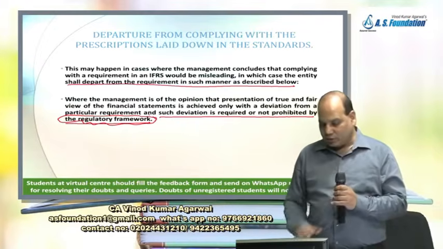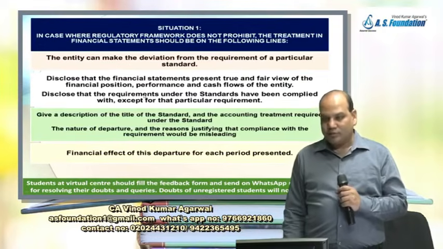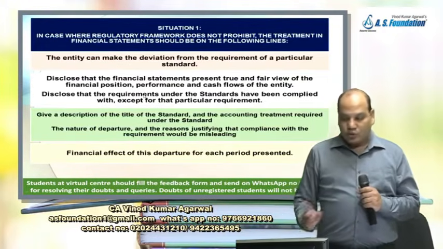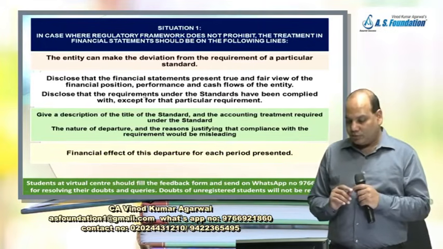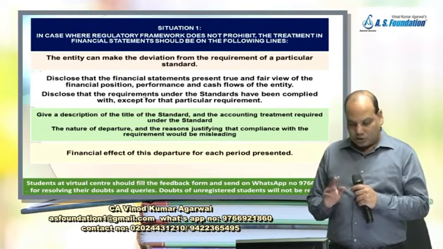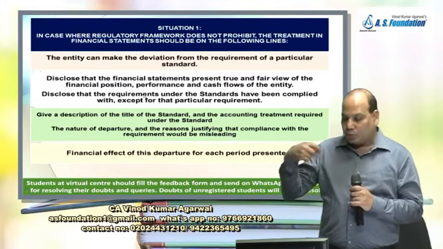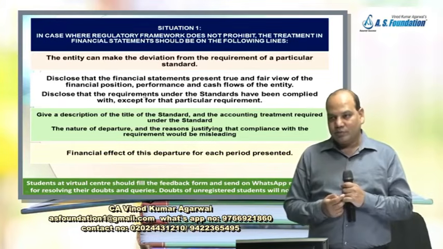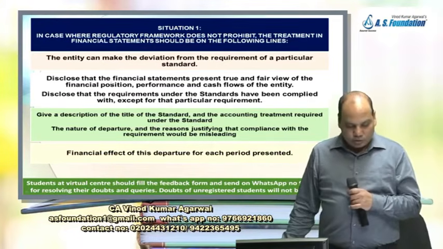So now we will see the two tables for a better understanding. Situation 1 deals with when the law of the land does not prohibit the deviation, and situation 2 deals with when the regulatory framework prohibits a departure. Agreed? Okay. So what will you do?